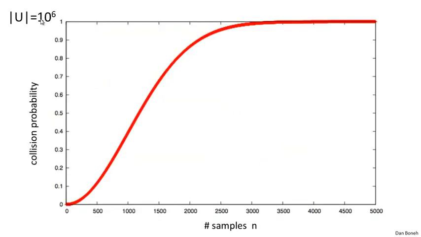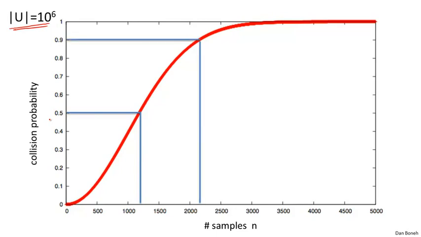The last thing I wanted to do is just show you the birthday paradox a bit more concretely. So suppose we have a universe of about 1 million samples. Then you can see that when we sample roughly 1,200 times, the probability that we sample the same element twice is roughly a half. But the probability of sampling the same number twice actually converges very quickly to 1.